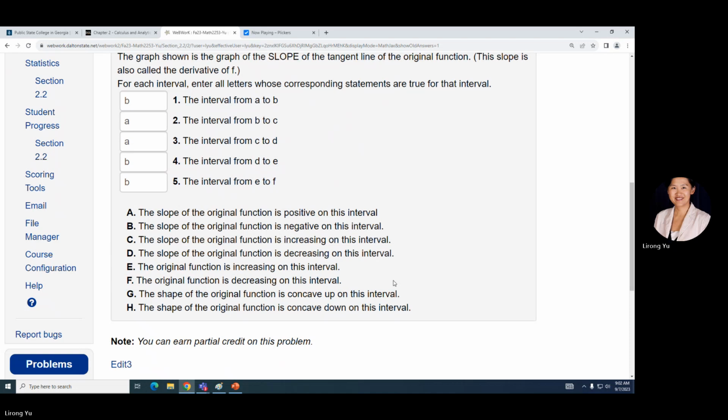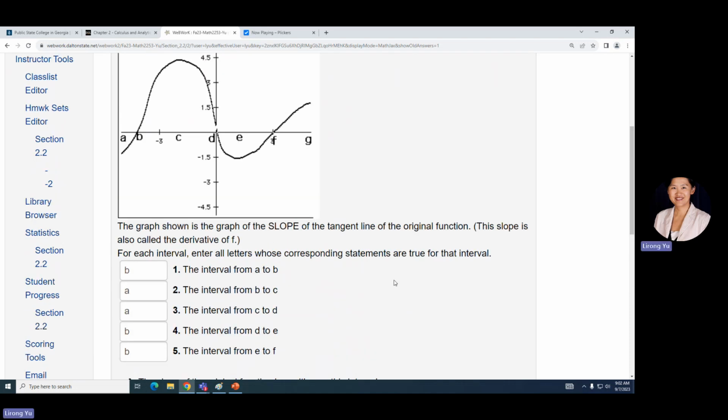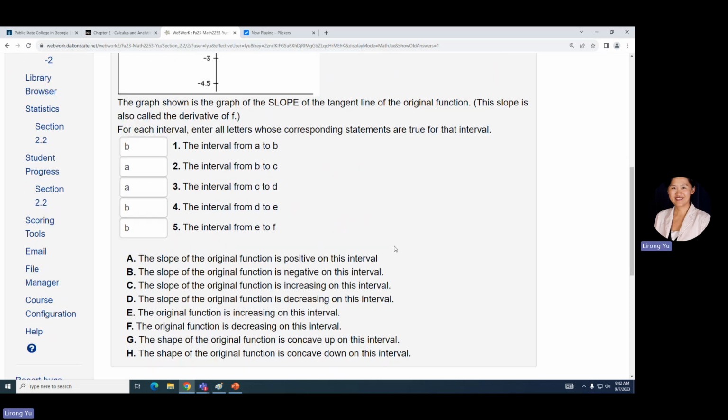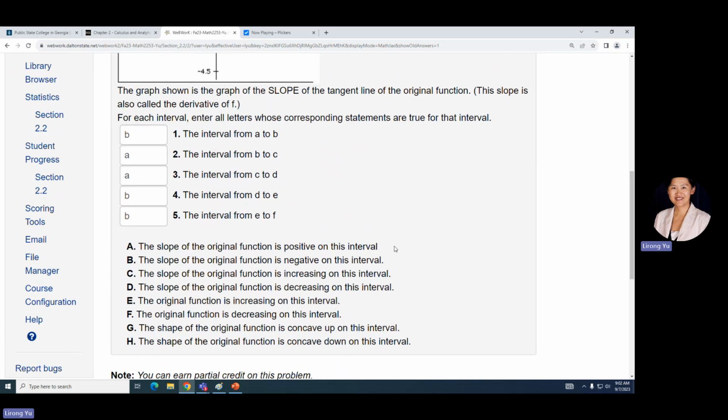Now, this horizontal line separates positive and negative, right? So from A to B on the horizontal line, this piece is negative. Isn't it saying that the slope is positive, not that it's actually negative? Right, but the graph is the slope of the function. It says that the graph shown is the slope of the function.